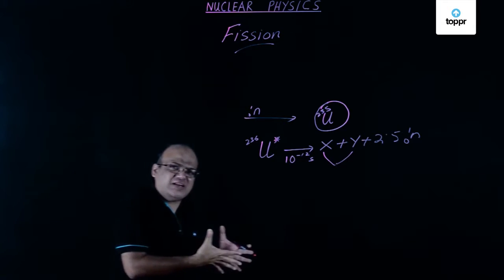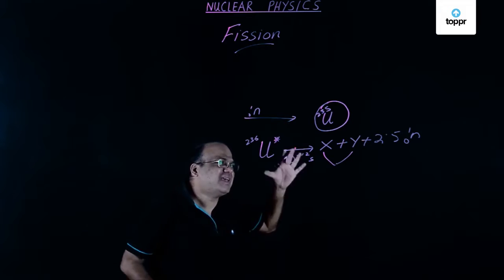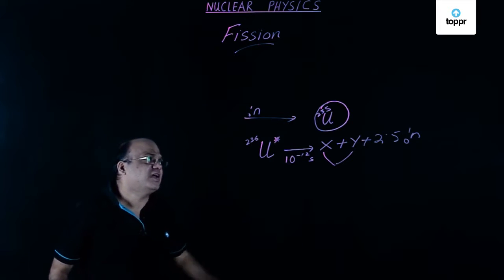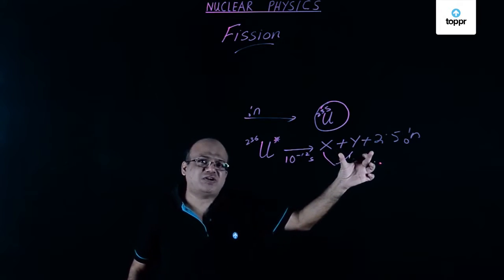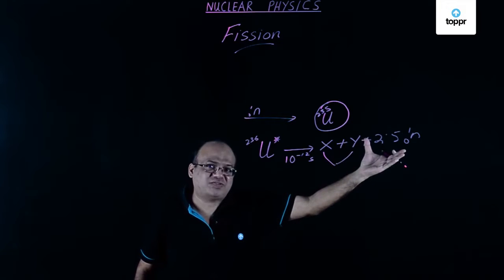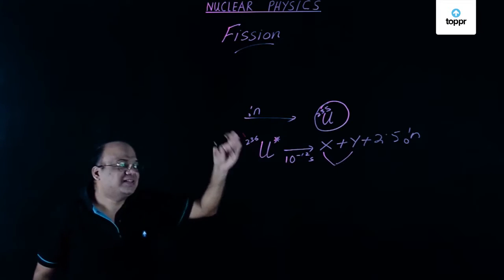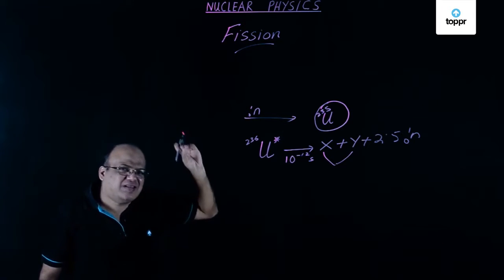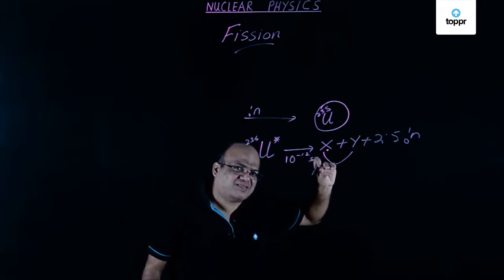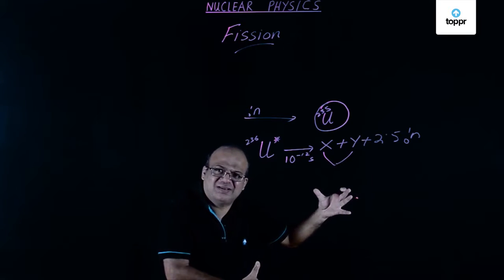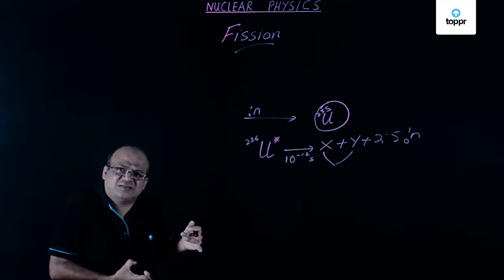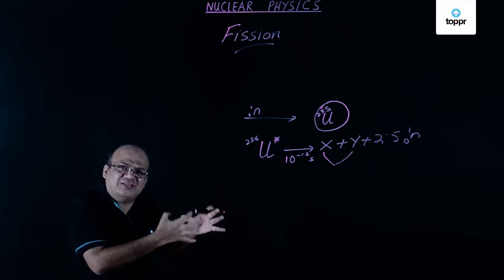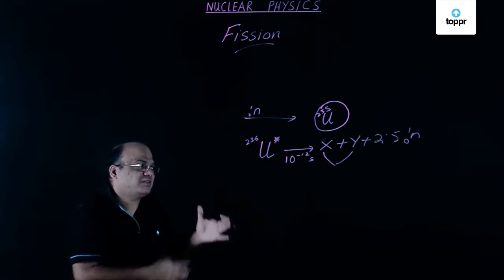So from where is this energy coming? This energy is coming because the total mass of daughter nuclei, including these neutrons, is less than the mass of parent nucleus. And the difference in mass, that is called mass defect, that is released as energy. The energy is the energy equivalent to mass defect.